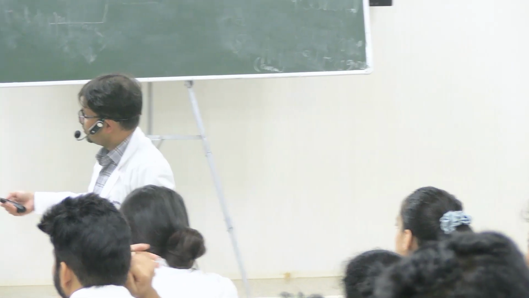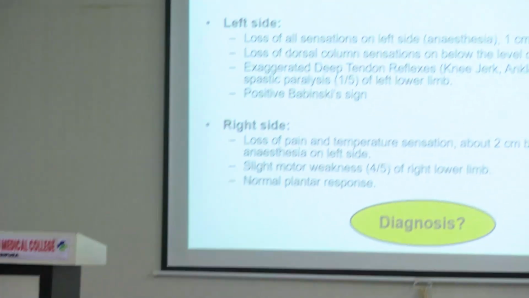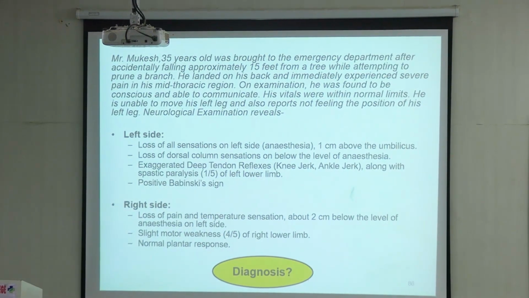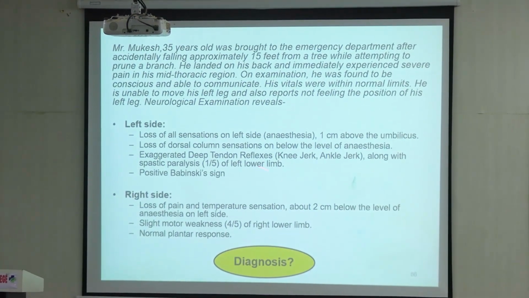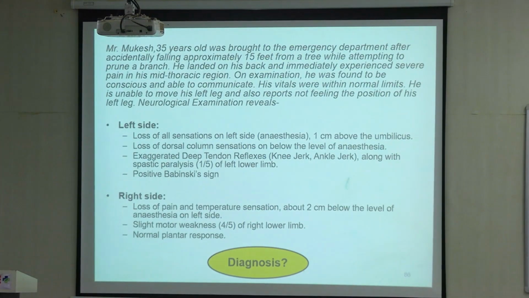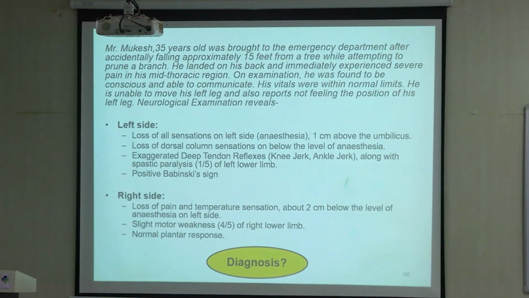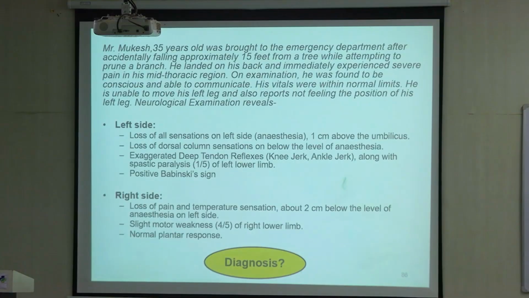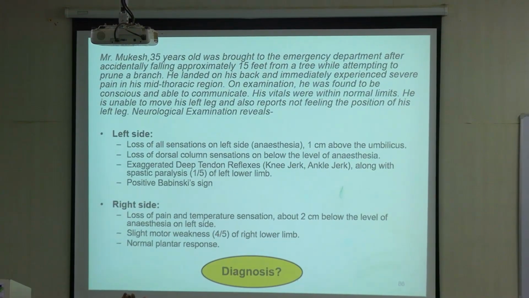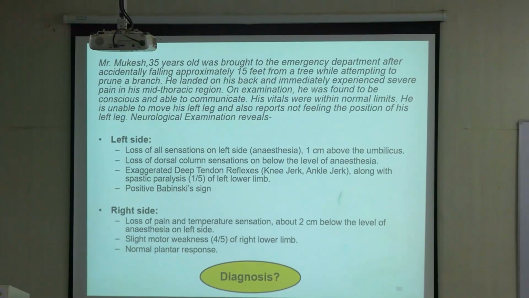Now why is that? On the left side, at T9 there is an affliction of one half, the left half of the spinal cord. Dorsal column sensations are all affected. Why? Because dorsal columns, on whichever side the receptors are, ascend on the same side. Crossing happens at the level of the medulla, right?